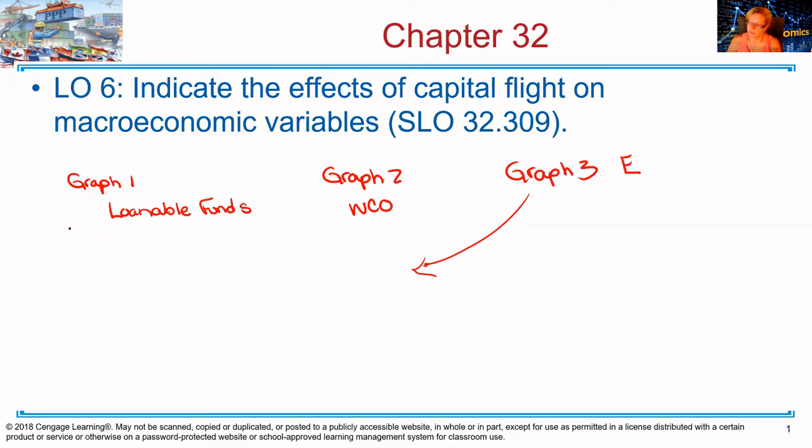So we know that with the loanable funds, we're going to see things that affect national savings, things that affect investment, net capital outflow, and then, as a byproduct, the real exchange rate. Again, notice the net capital outflow here and here, the joiner between the two graphs.